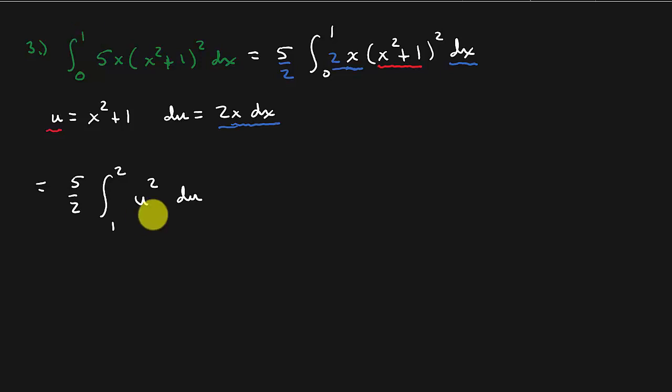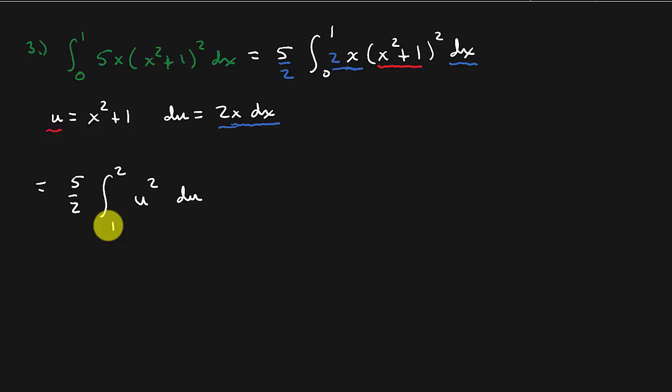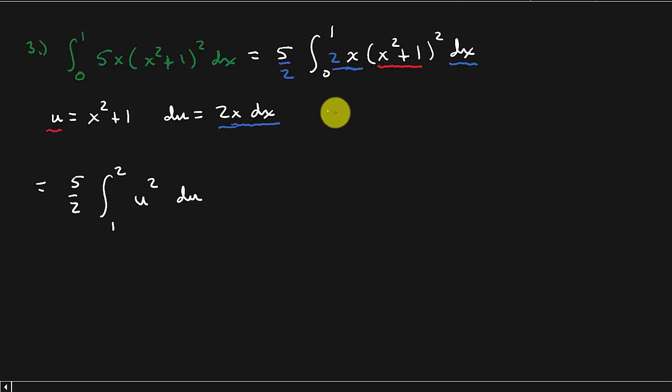But what happened? Well, we changed from x to u. We changed our variable from x to u. So now I've got to make my limits in terms of u. So how did I do that? Well, let's look at this. u is equal to 0 squared plus 1.